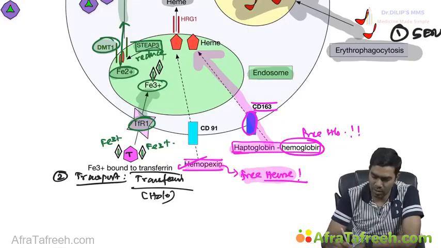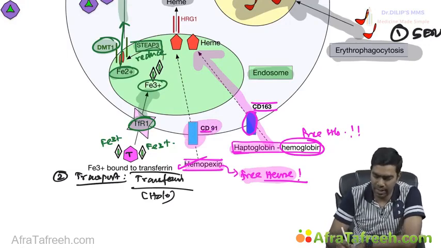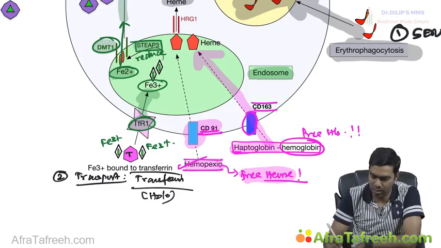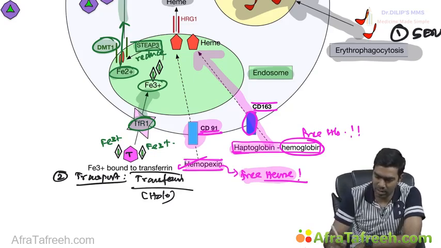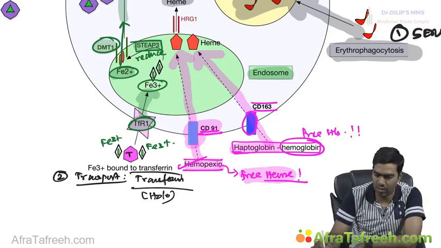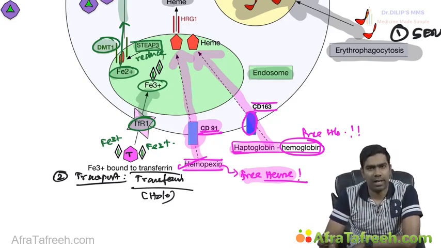So this hemopexin can also be sensed by a surface molecule called CD91, which is going to transport this hemopexin into the cell, and it's taken up by the endosome.